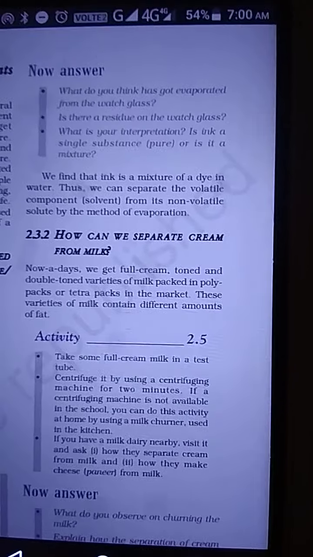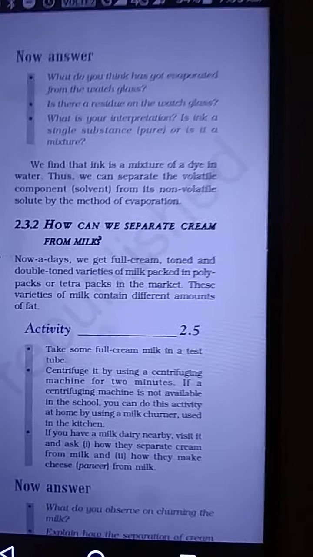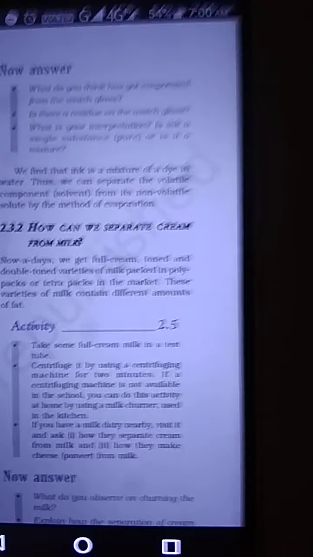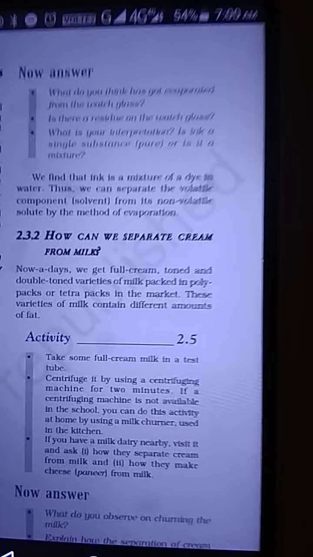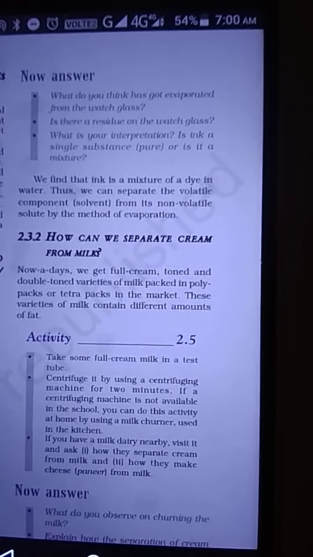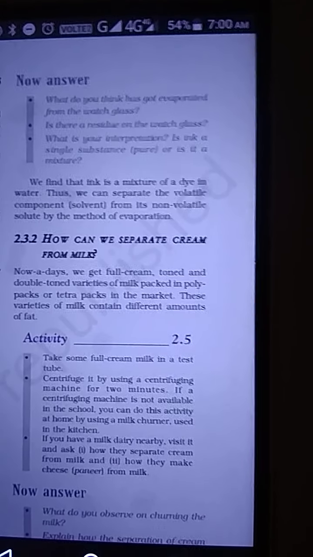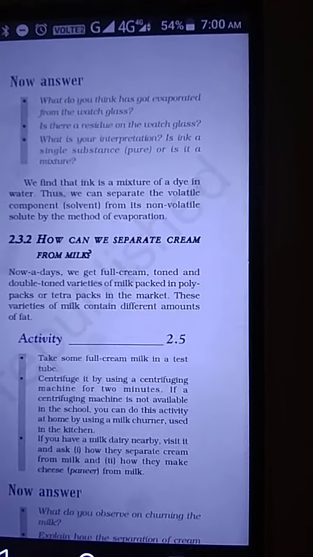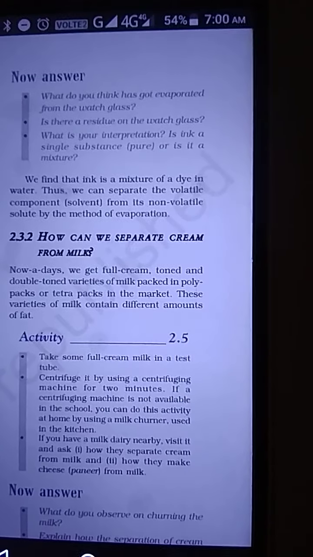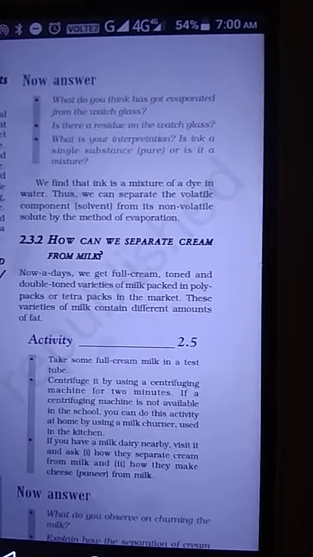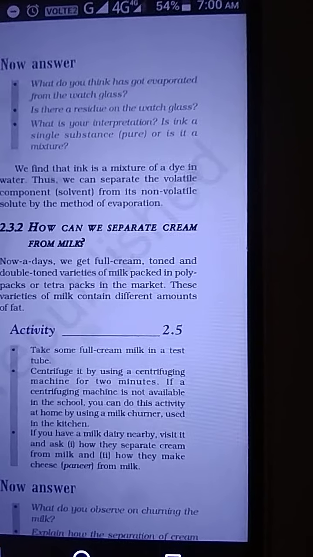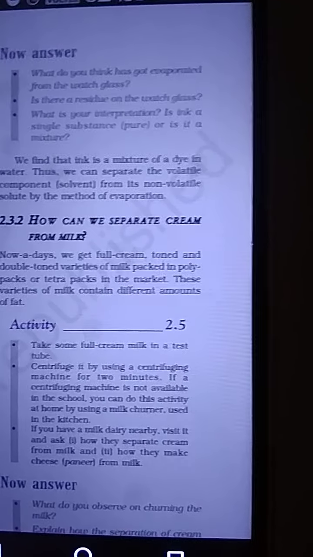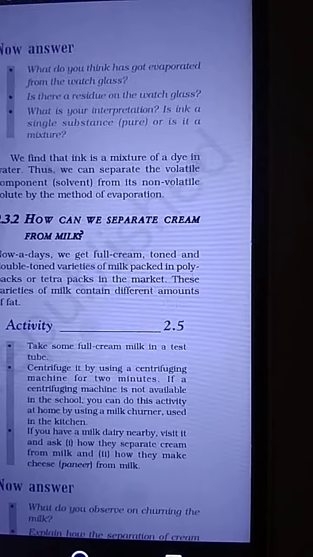Where can we use this type of technique? What are its applications? This technique is used in crude petroleum refineries, where at different temperatures we obtain petrol, diesel, LNG, Vaseline, etc. We also use this technique to separate metals from alloys. An alloy is a combination of metals in definite proportions.